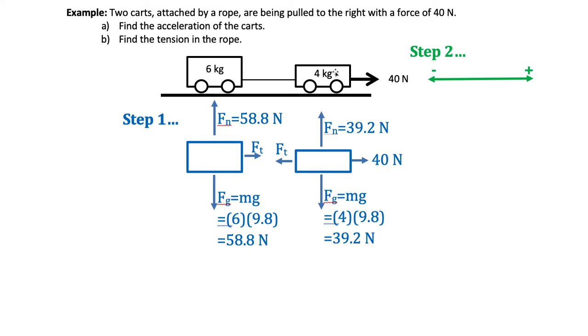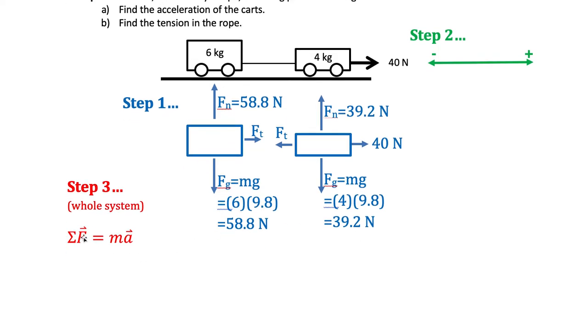So if we look at this problem, we say, because these two are tied together, it's fair to treat them as one object, and they'll have the same acceleration. That's key to step 3. In step 3, we find out what that acceleration is. So I'm basically treating this whole thing as one object, and I'm applying F equals ma.